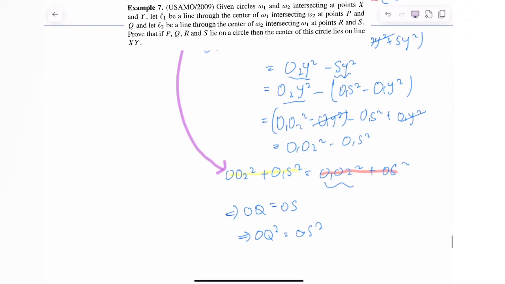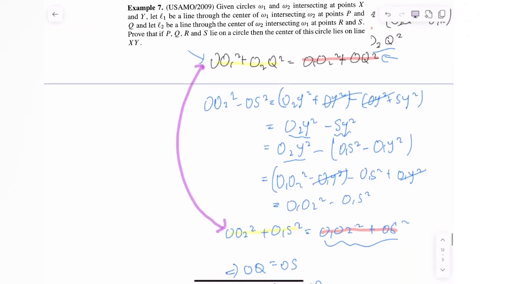So O1O2 squared plus OS squared will be equal to O1O2 squared plus OQ squared. Since the red highlighted parts are equal, we can equate the yellow highlighted parts.